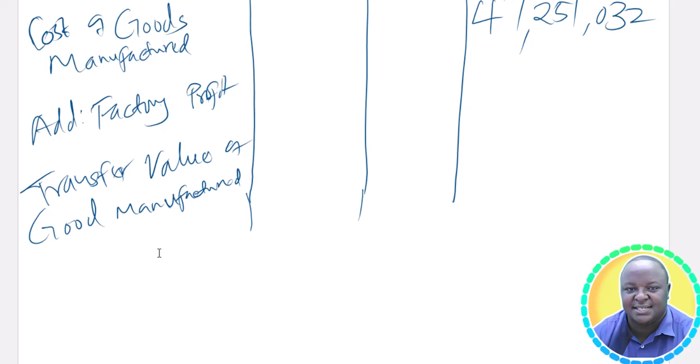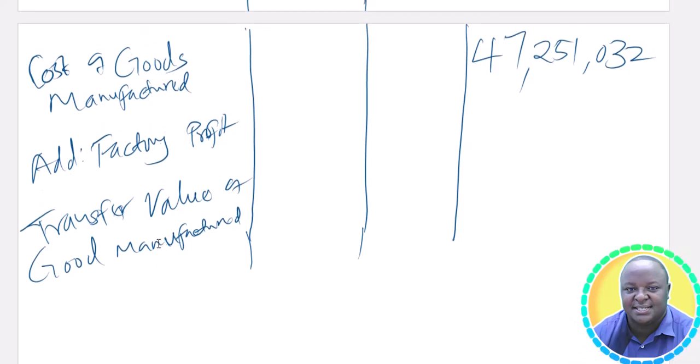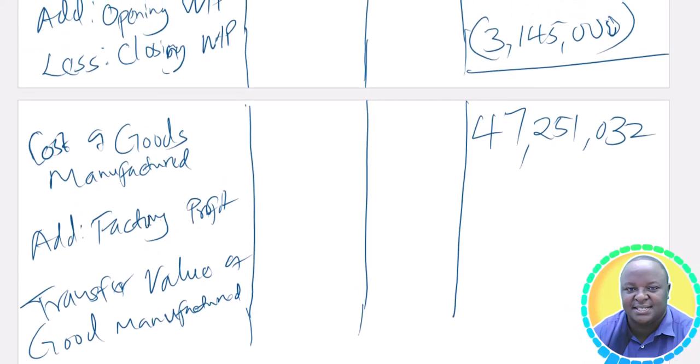Now basically, transfer value of goods manufactured is always given in the additional information. It can either be a markup or a profit margin.